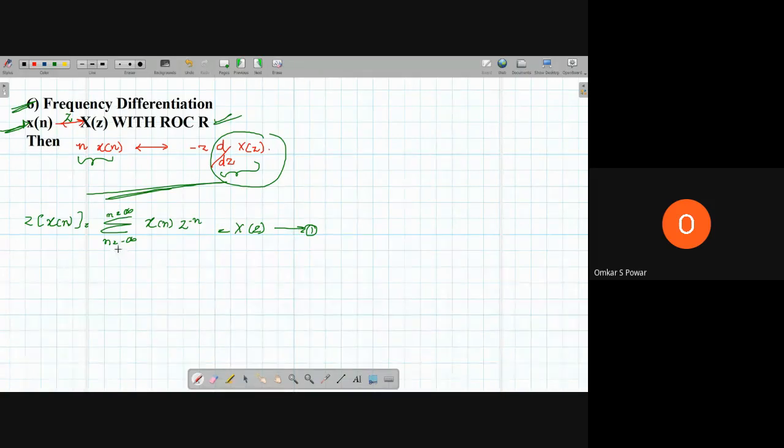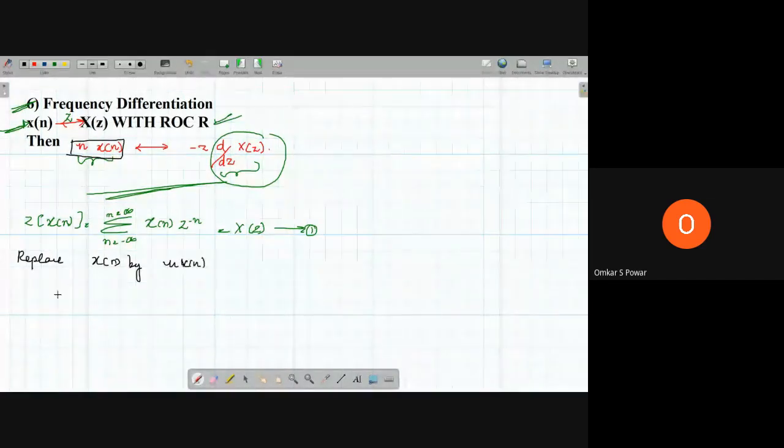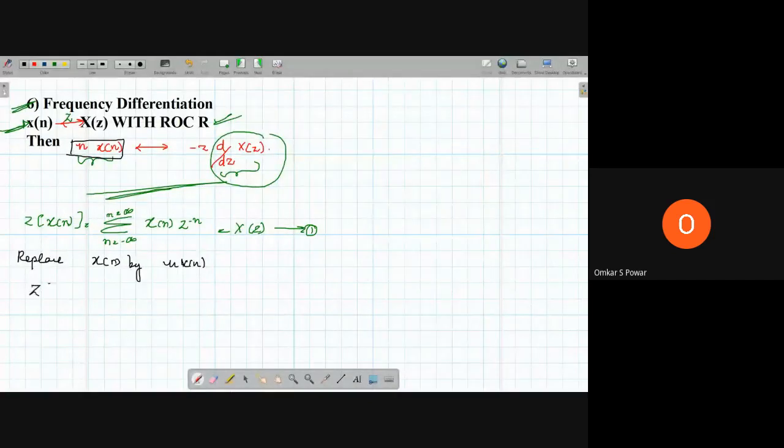So now what we want here is n into x of n. So let us replace x of n by n into x of n, and we will see what we will get. So Z transform of n into x of n is equal to summation n varies from minus infinity to infinity of n into x of n z to the power of minus n.